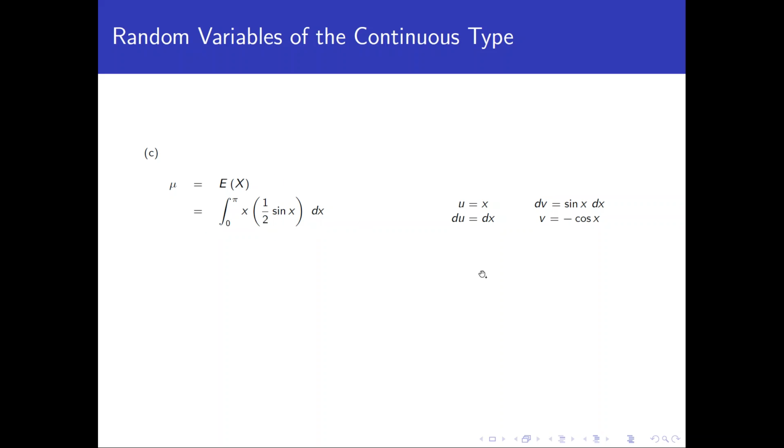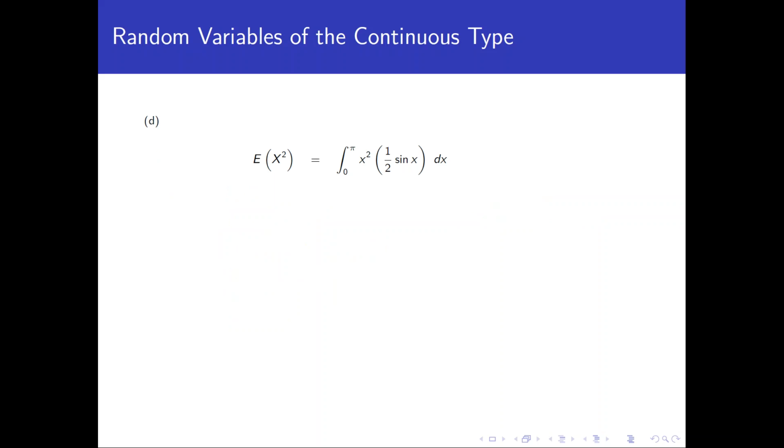We'll pop the 1/2 out in front. Here's your du and your v, and here's what you get after applying the integration by parts formula. Remember, it's u times v minus the integral of v du. That's why it's a plus sign, because there's a minus there with the v as well. Anti-differentiate cosine, plug in our values, and we get pi over 2.